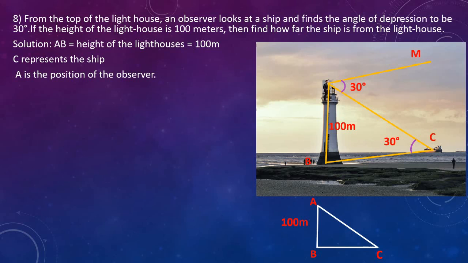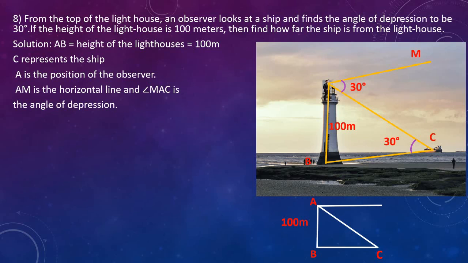AC is nothing but the line of vision. A is the position of the observer and the observer is observing an object situated at C. AM is the horizontal line and angle MAC is the angle of depression. The angle of depression given in the question is 30 degrees.